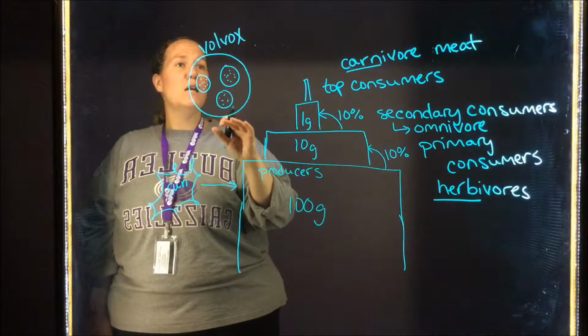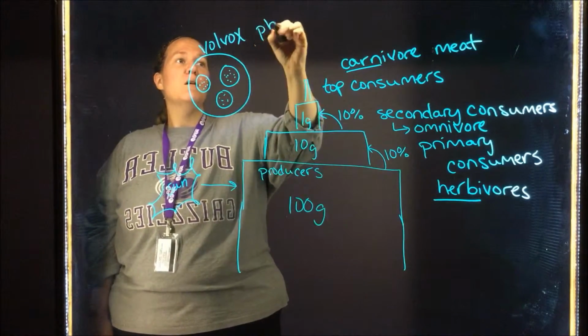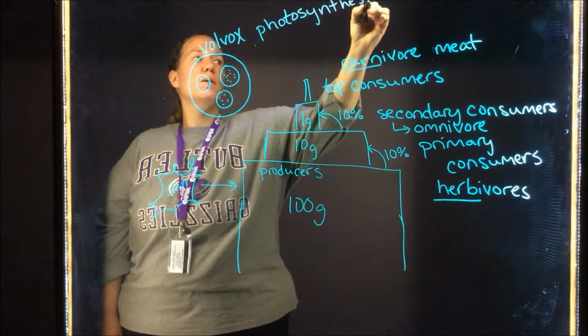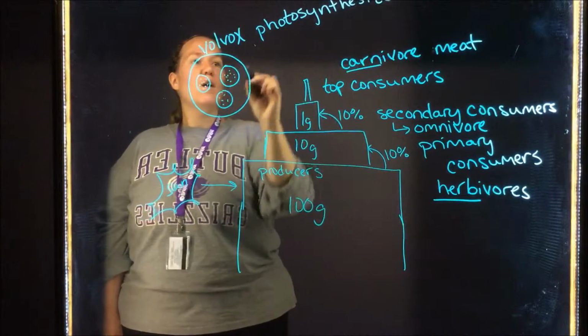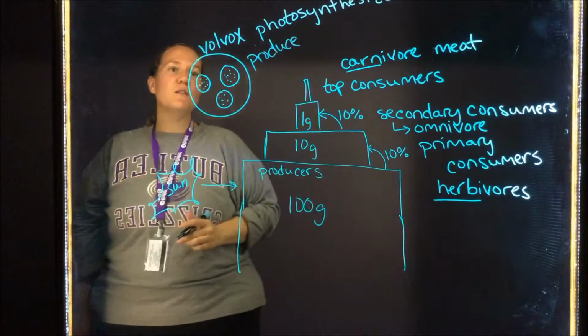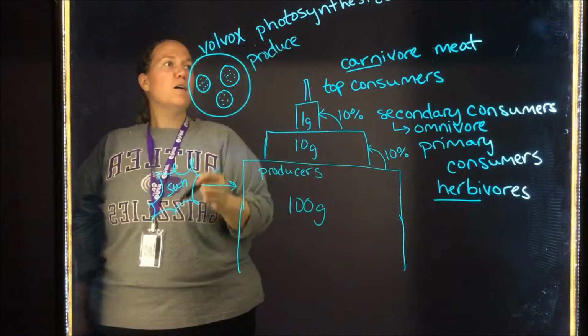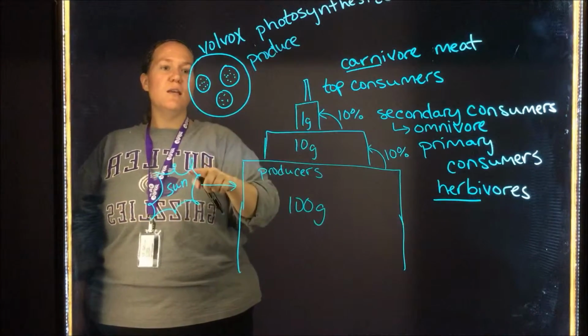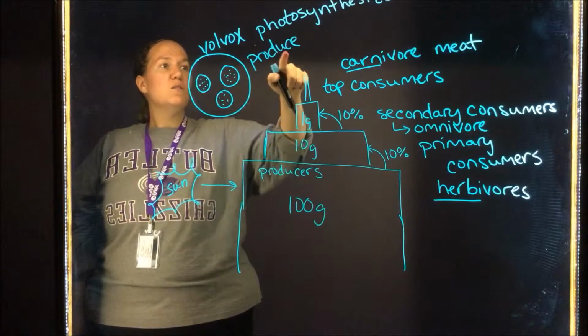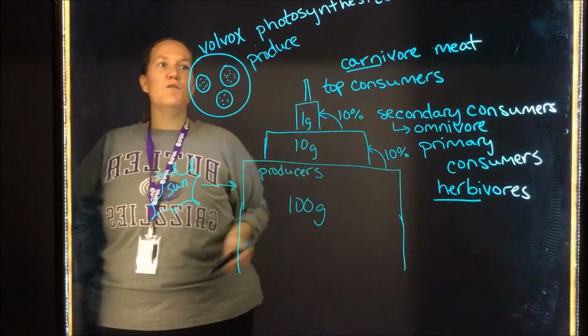It's very, very green, so that's going to be a photosynthesizer, but I don't want that to mess you up if I call it a producer. Okay, so you have to know that a volvox is a photosynthesizer taking energy from the sun, turning it into glucose, and it's producing food for the rest of the food pyramid.